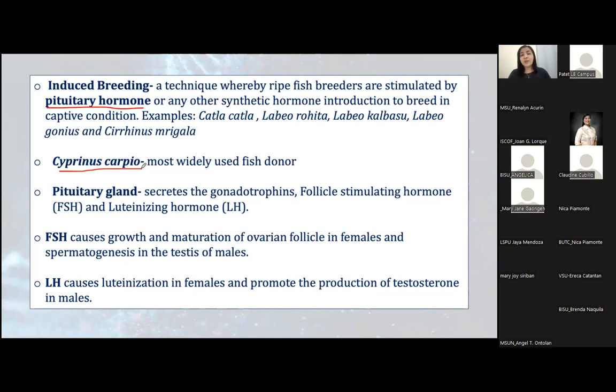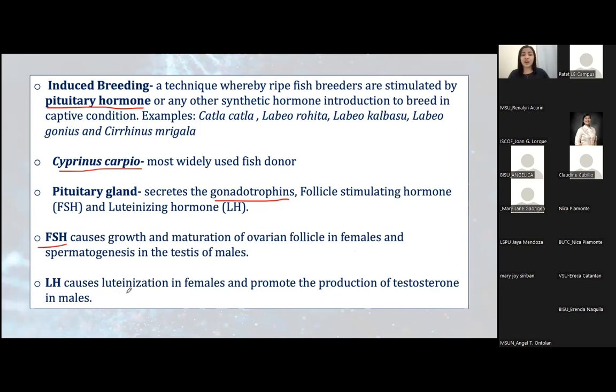So why is the pituitary gland used? It's because it secretes or produces gonadotropins, like FSH or the follicle stimulating hormone and LH, luteinizing hormone. FSH, tandaan ninyo, causes growth and maturation of the ovarian follicle in females and spermatogenesis in the testes of the males.